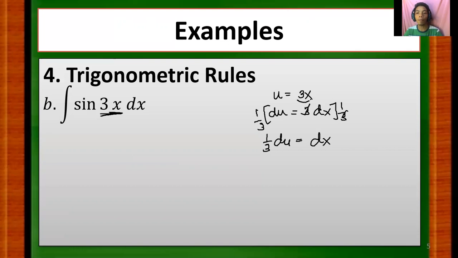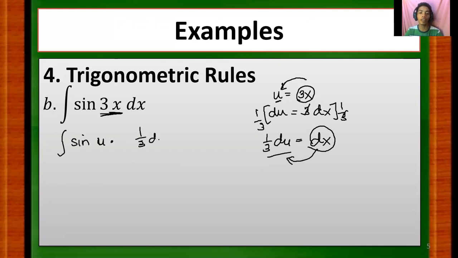So, now, meron na tayong isa-substitute. Ang ipapalit natin sa 3x ay u at ang ipapalit natin sa dx ay 1/3 du. So, ibig sabihin, magkakaroon tayo ng integral of sine of u multiplied by 1/3 du.